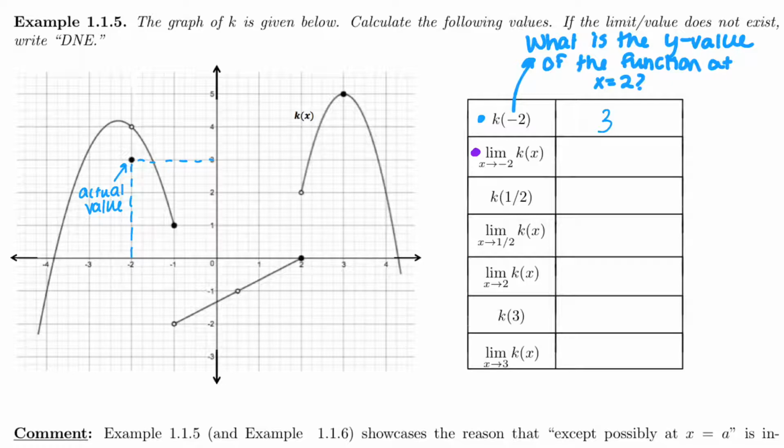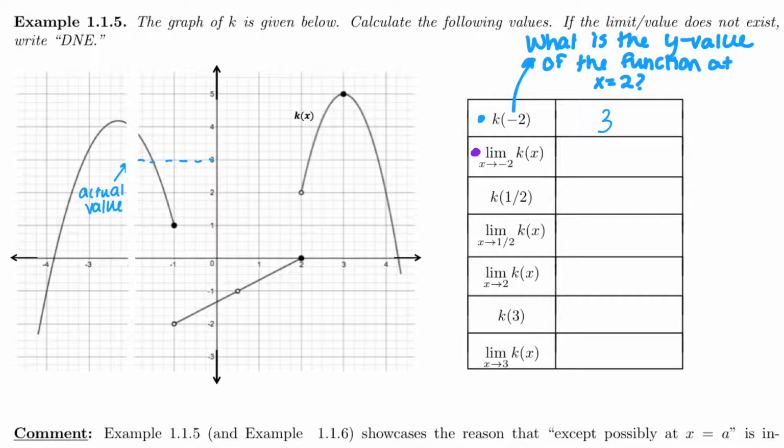We want to pretend like we don't know any of this, and I will erase this in a second. Like we don't know any of this. Right? When you're looking at limits, you're pretending that you've whited out this area and you don't know anything going on here. Now, if you're asked the question, what is the limit as x approaches -2?